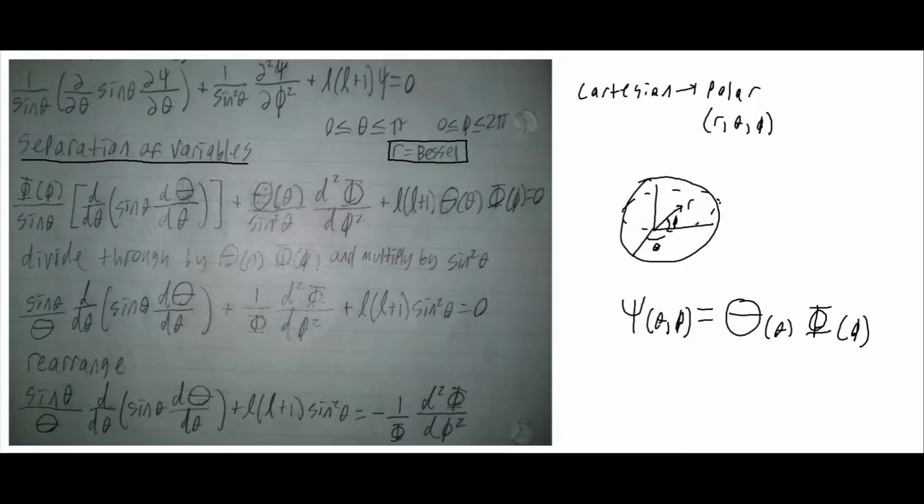From there we end up with this equation right here. So we've separated everything out, and now we have our uppercase phi's and our uppercase thetas instead of our psi's. Then we divide through by the product of the large theta as a function of theta and the large phi as a function of phi, and multiply both sides by sine squared of theta, and we end up with this.